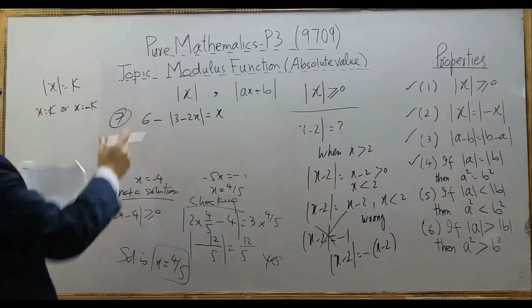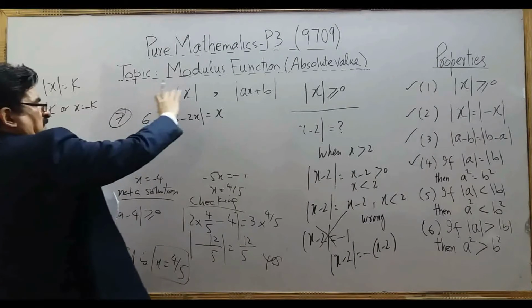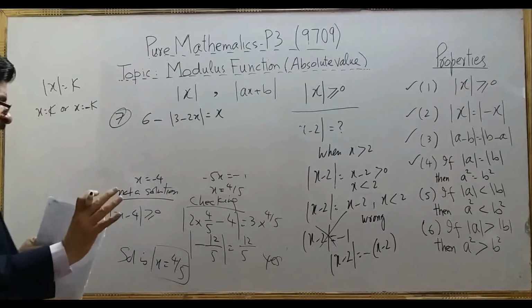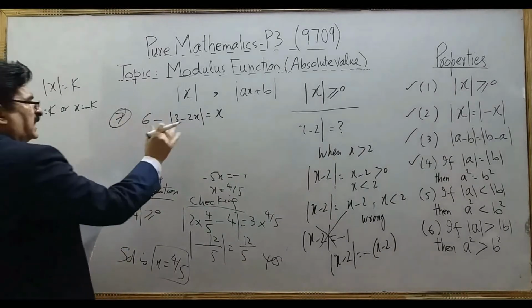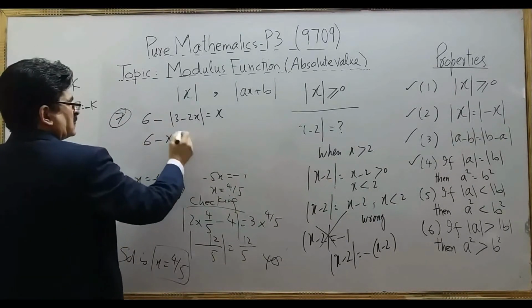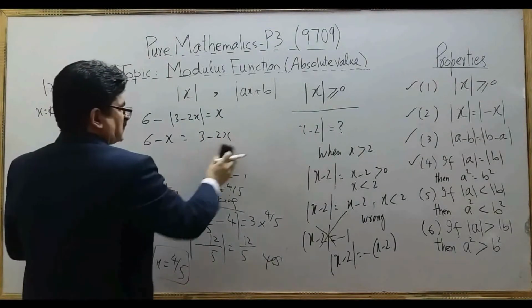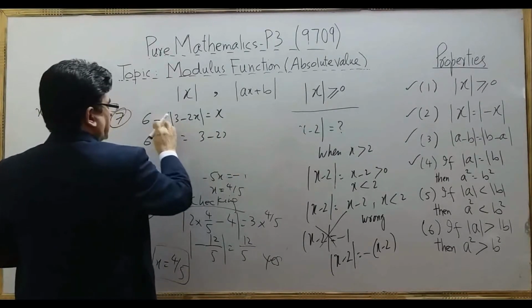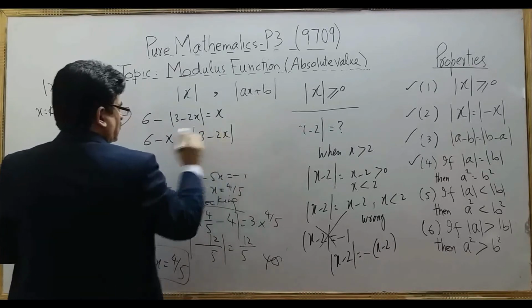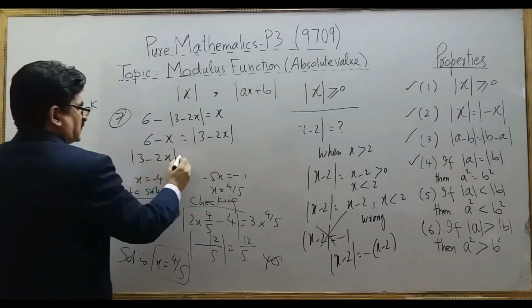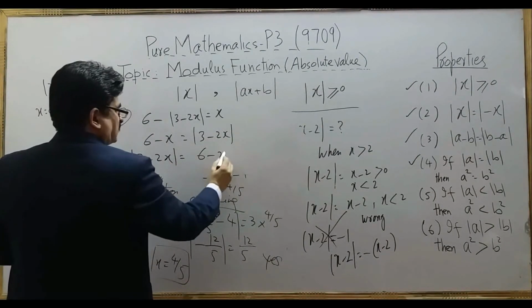So sometimes you have an equation which is not in a suitable form to solve. So we have to rearrange it. So shift this to the right. As you know the basic rules, this is negative, it will become positive. Or you can write now |3 − 2x| equal to 6 − x.